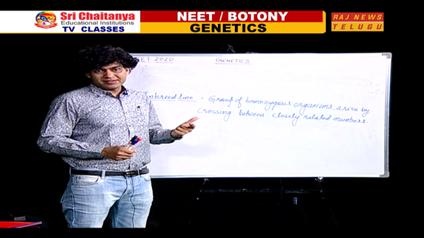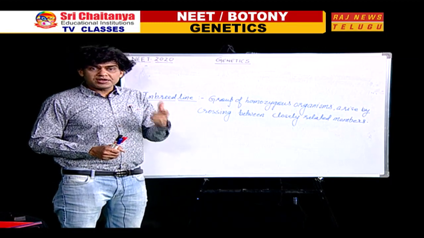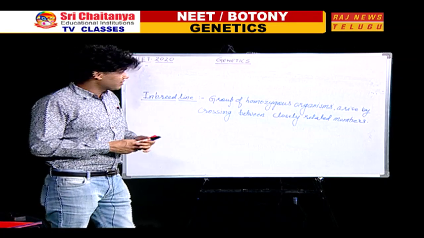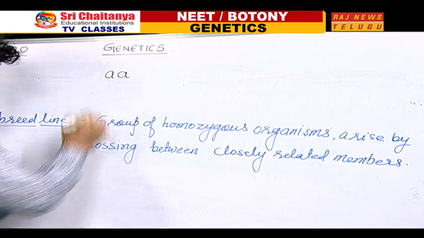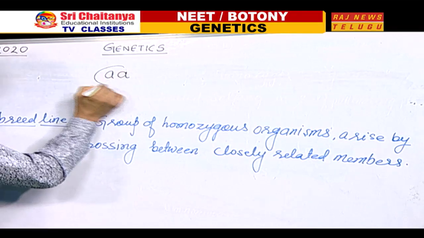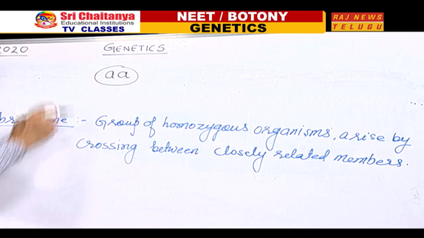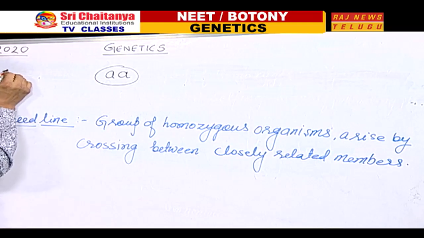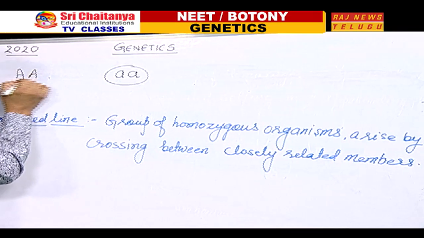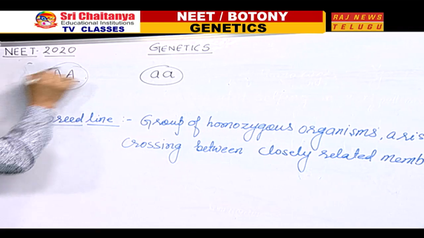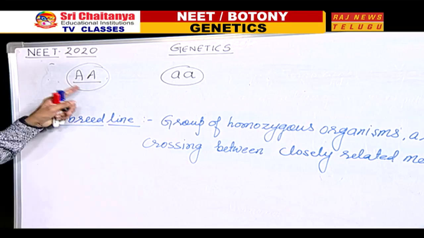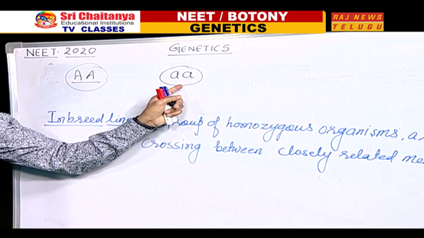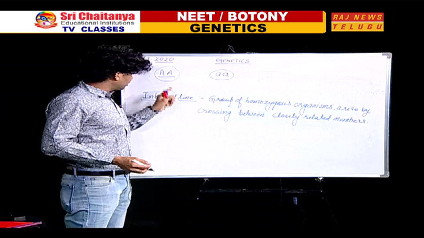But you should remember, a decrease in vigor can occur only in one condition: when homozygosity appears for the recessive genes, meaning after the cross I obtain the small a combination. But homozygosity can also be in terms of capital A. In this condition the vigor, the power, the strength will not decrease. So it is also homozygosity and also a consequence of inbreeding.